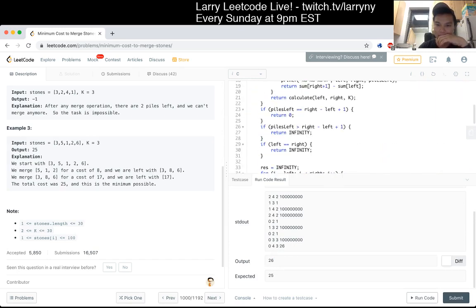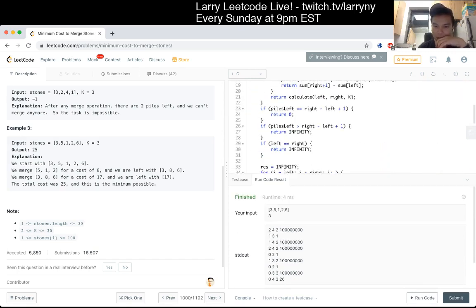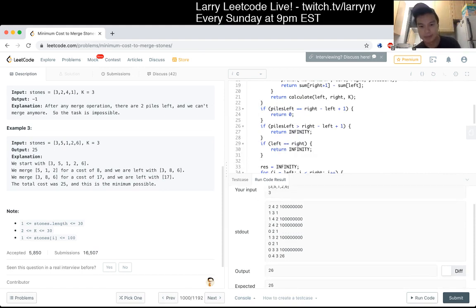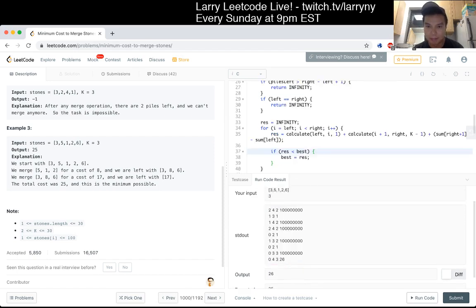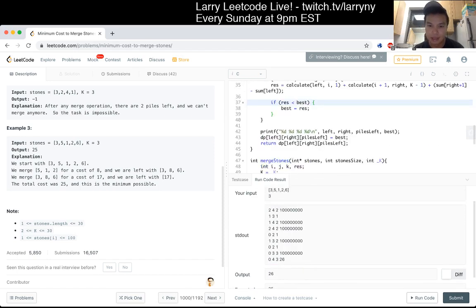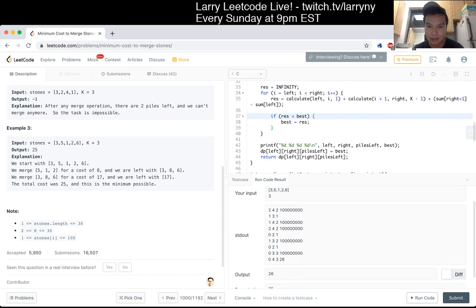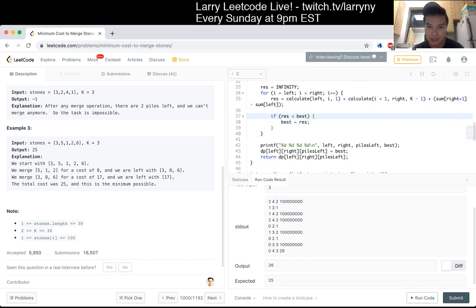Okay, so now let's see what, so this is our table roughly. What is it missing? Why is it 26? So that was like this is.